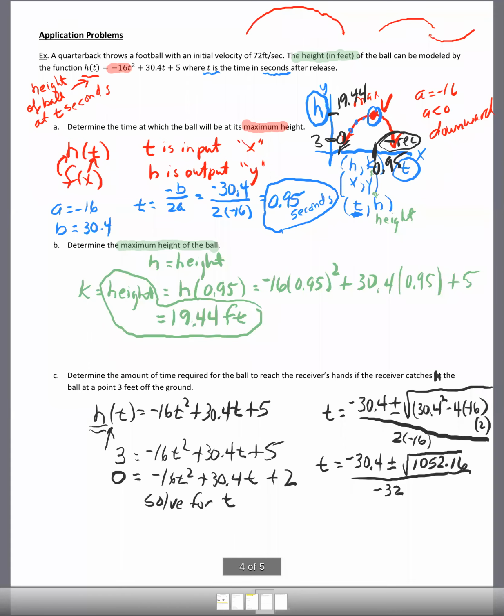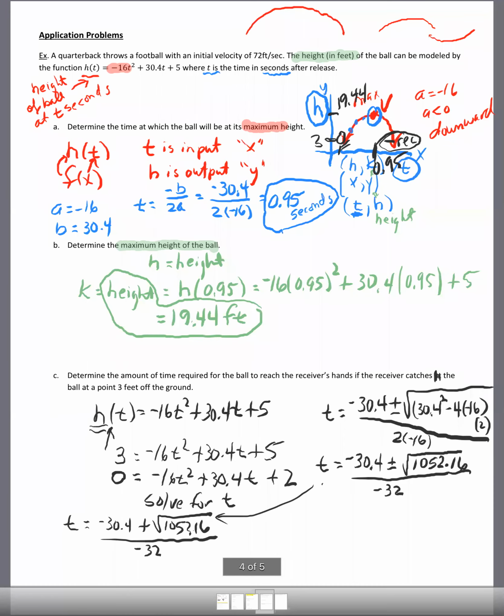So what we want to do then is figure out both of these answers, or you can also use some common sense here. One thing I see is that one of the answers is going to be negative 30.4 plus the square root of 1052.16, all divided by negative 32.